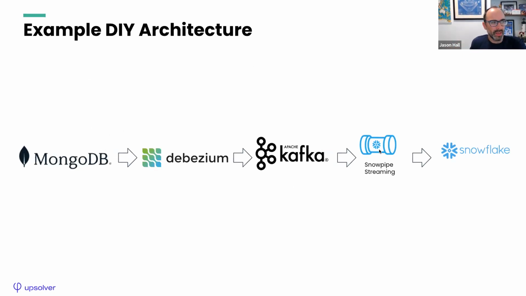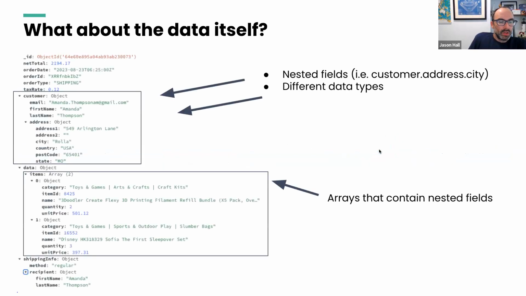I don't know a lot of customers using it in production, but it should offer a scalable and reliable option for reading data off of Kafka and writing it into Snowflake. So this could be a theoretical do-it-yourself architecture for customers that do want to integrate MongoDB data into Snowflake. Right. So that's the pipeline architecture, as I call it, right? One approach to getting data from Mongo to Snowflake.